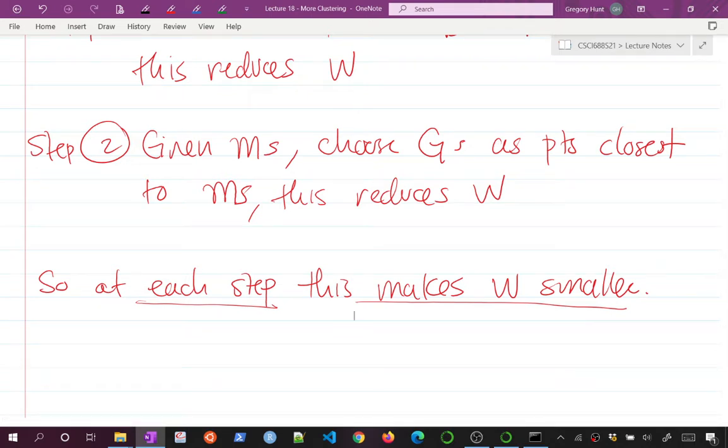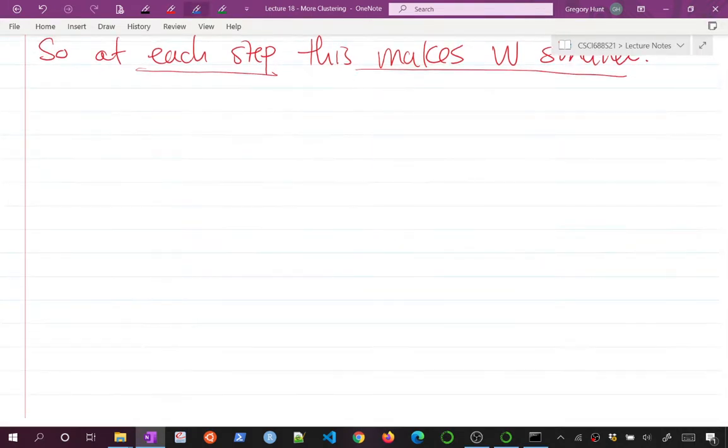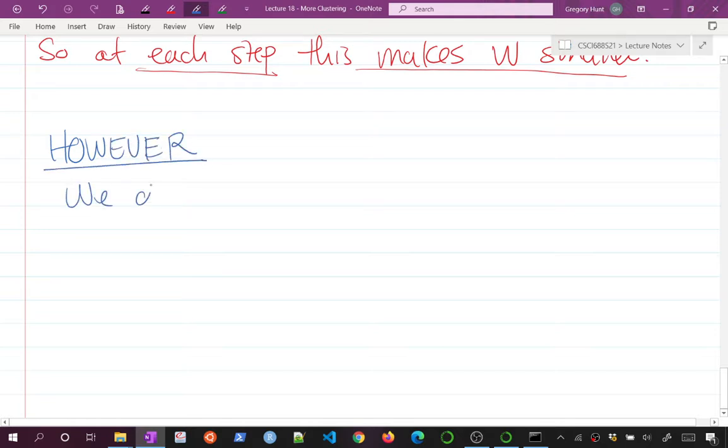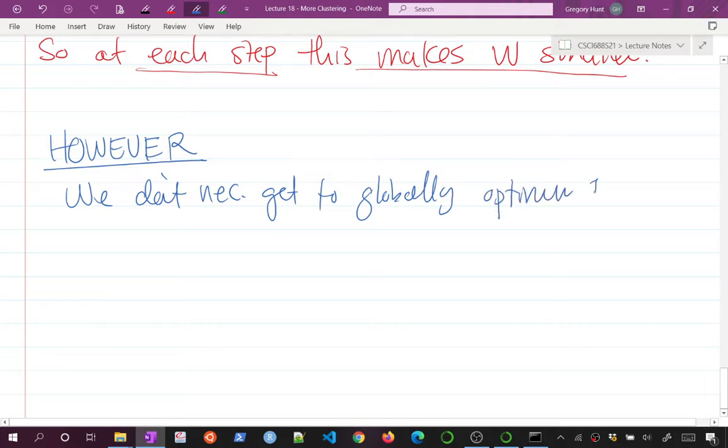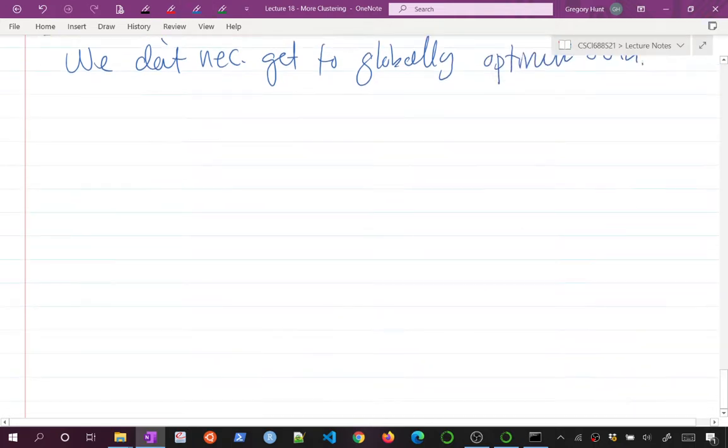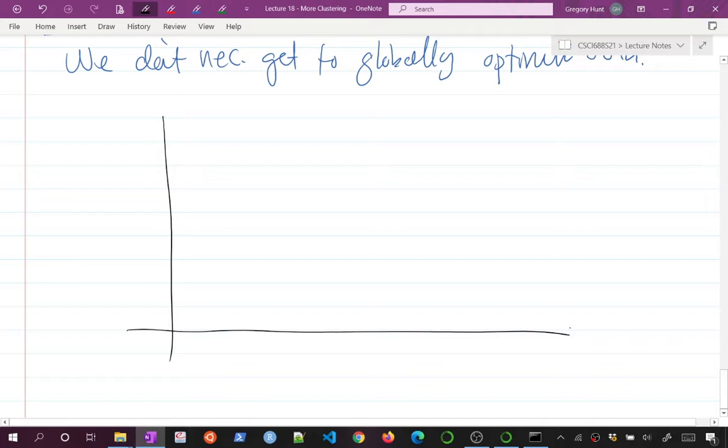Now, it doesn't mean we necessarily get to the global optimal solution. So the big caveat is that we don't necessarily get to the globally optimum solution. Again, this is the realm really of Dr. Kincaid, who does discrete optimization, but I can do my best impression here.